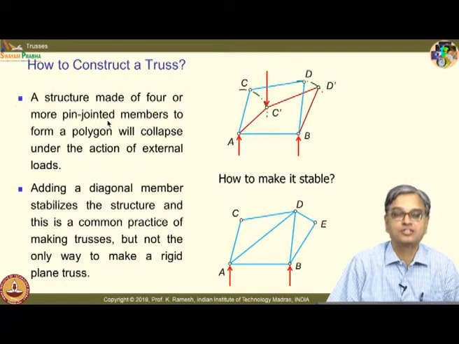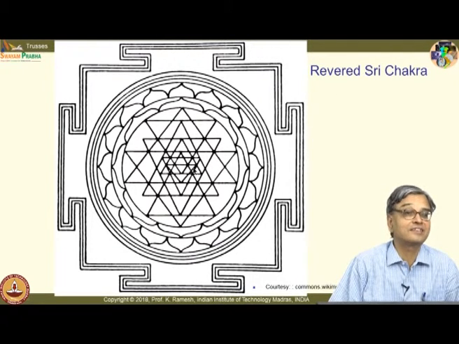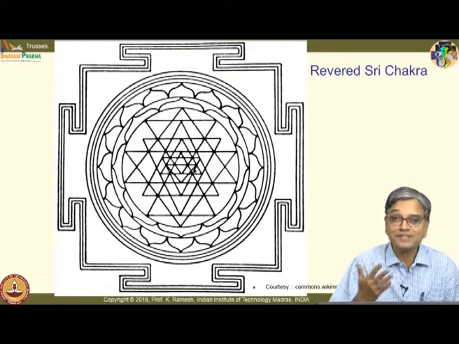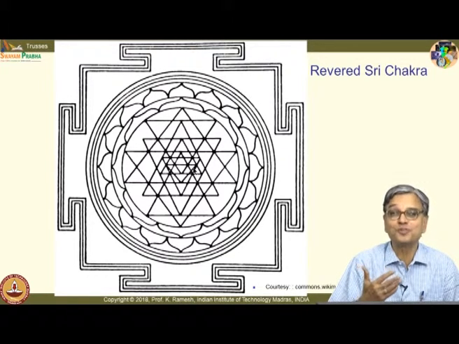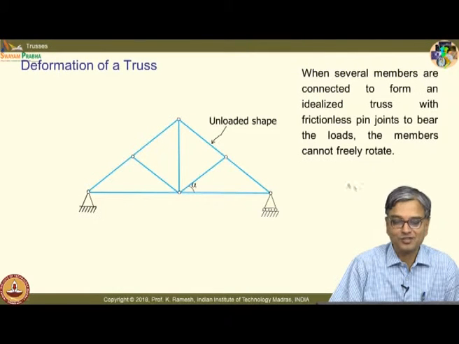So it displays an enormous amount of power, and it is very interesting to note that we have a Sri Chakra that is being worshipped by several thousands of people. It is nothing but a collection of triangles. It is very amazing. We attribute this to power, Shakti. Fine. So it is very nice to see that.